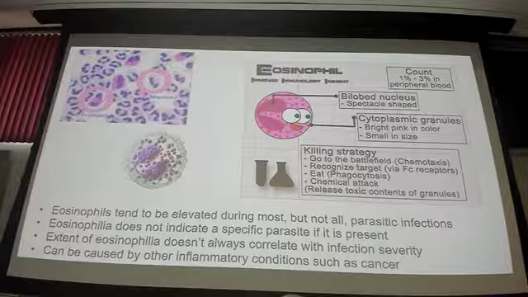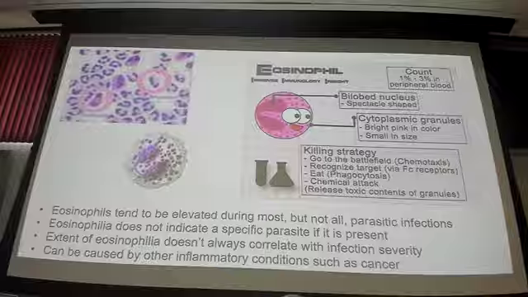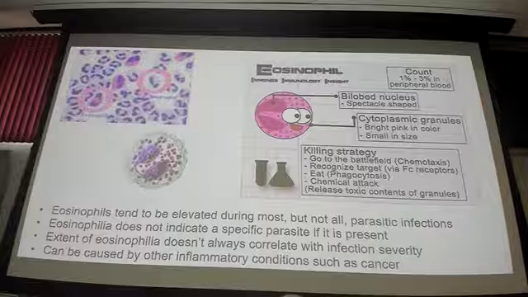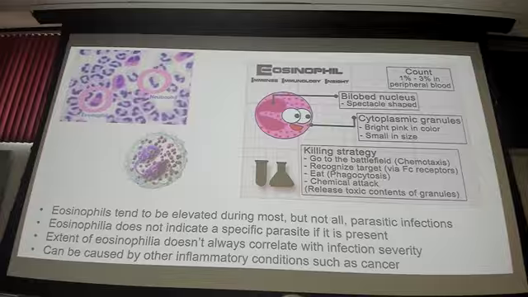Fairly small. They have some limited phagocytosis ability. They can release toxic contents of granules. And importantly, usually their numbers are around 1 to 3% of your leukocytes in peripheral blood.